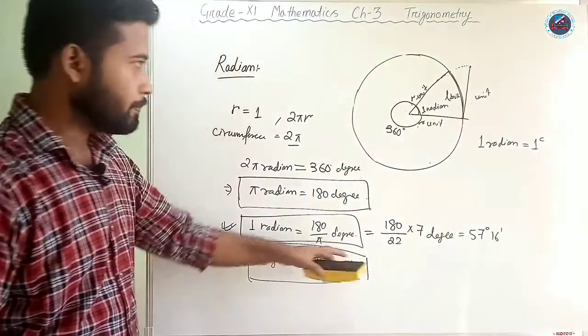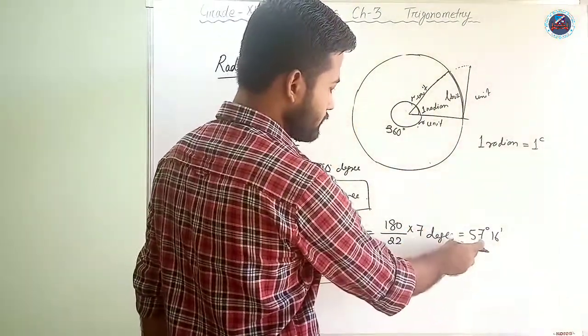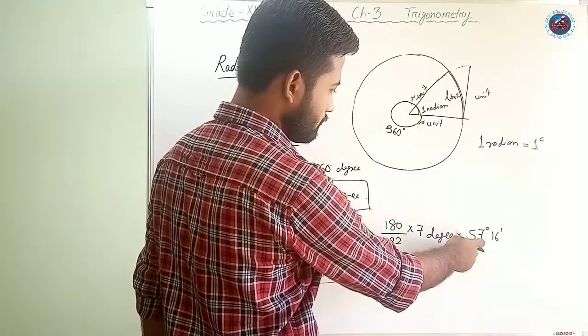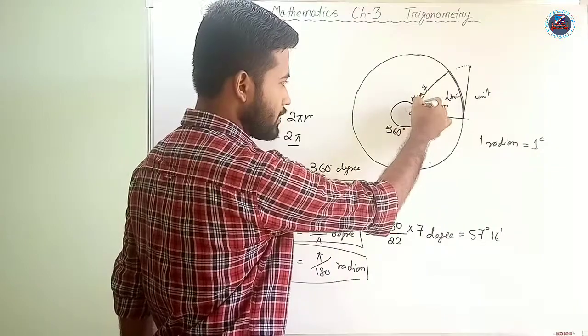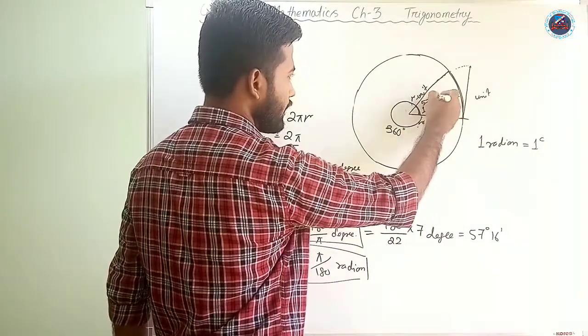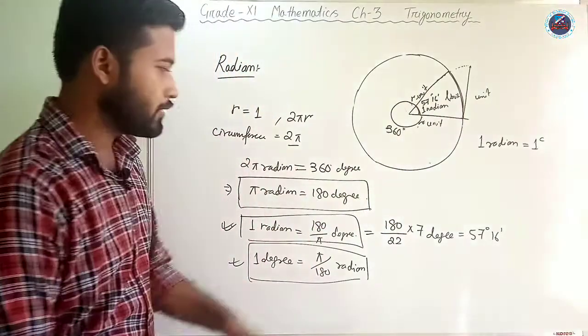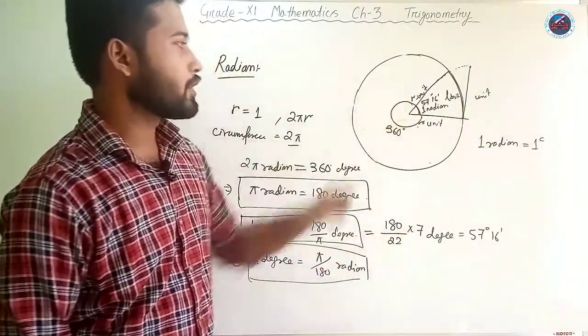So 1 radian is equal to 57 degree and 16 minute. How have we found it? By calculating this. So this is the total measurement.